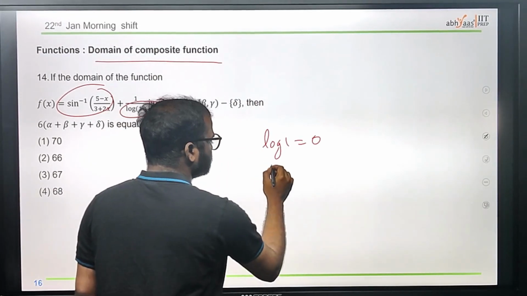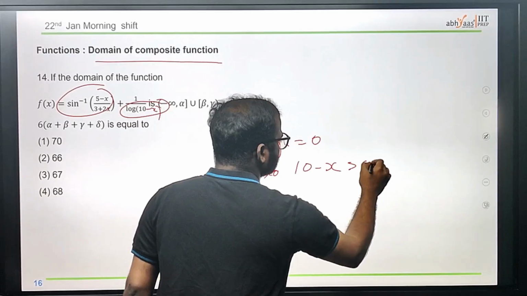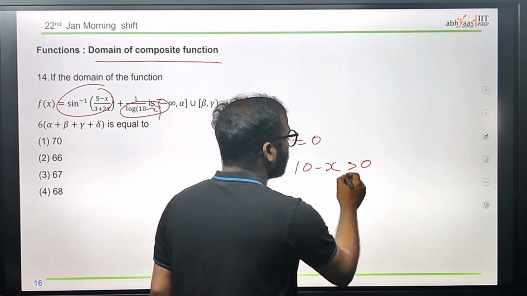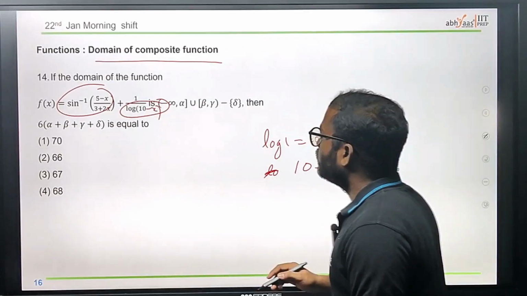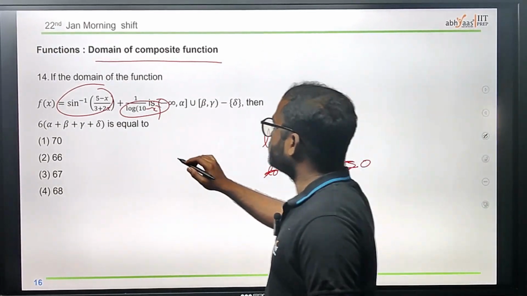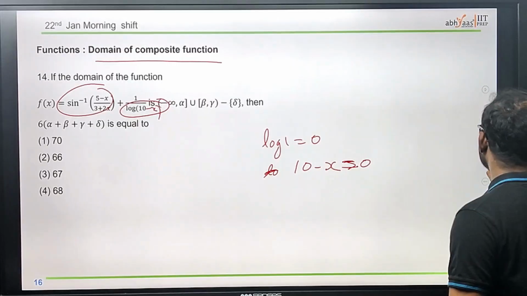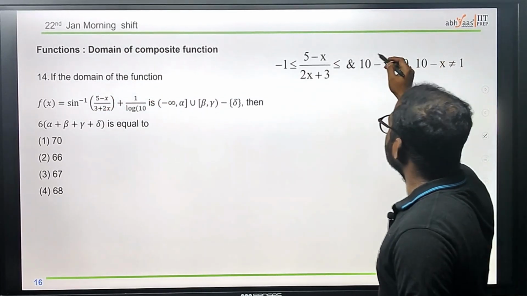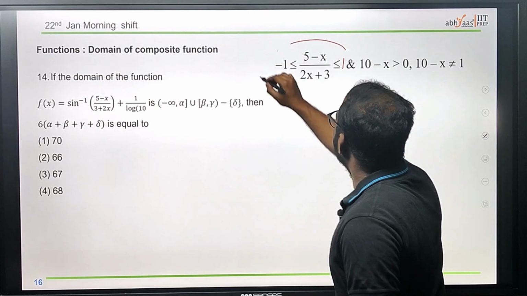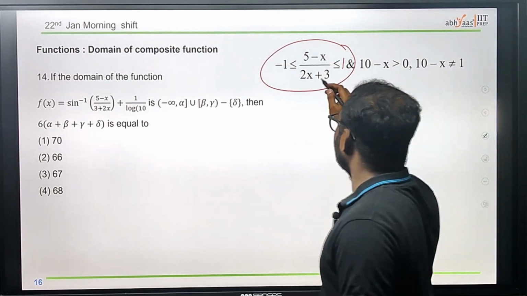For that reason we take 10 minus x as greater than 0, or not equal to 0, sorry. Therefore from this we can easily say x must be not equal to something. Now I will just show. Here we have this interval, -1 less than or equal to 5 minus x divided by 2x plus 3.